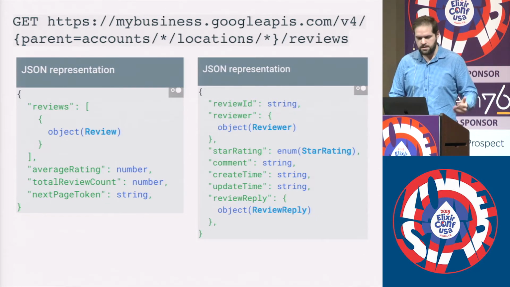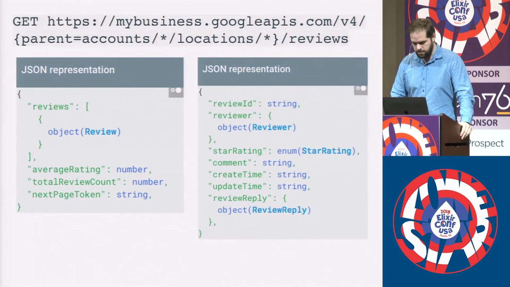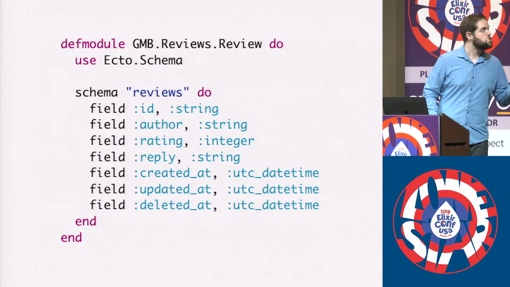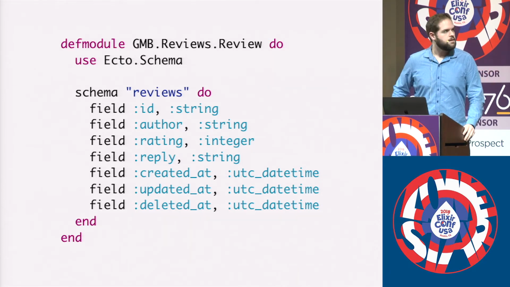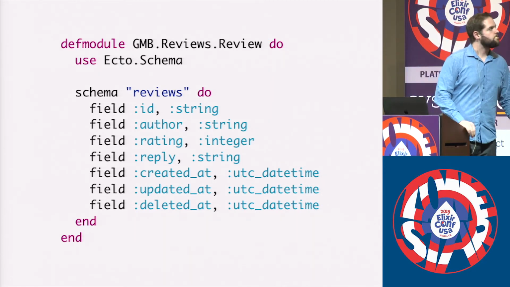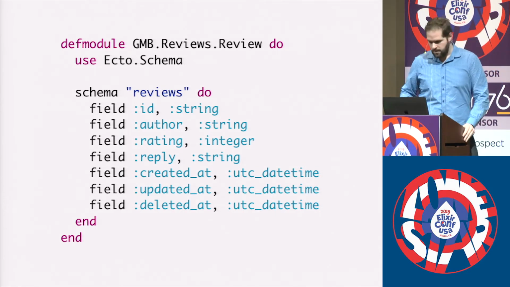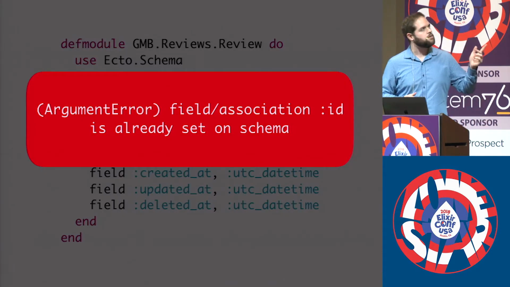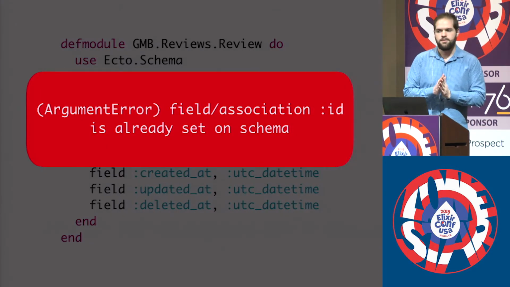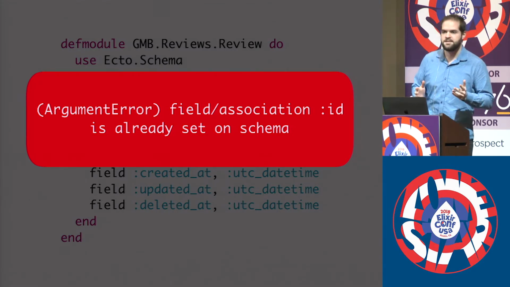The first thing we want to do is set up our Ecto schema. I've created a schema, and this basically mirrors what we get from the API. You'll notice we have most of those same basic fields, but this has a bit of a problem. If we try to compile this, we get an error that the field ID has already been set on the schema.